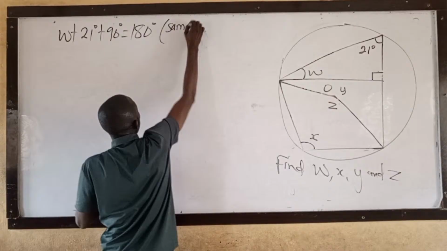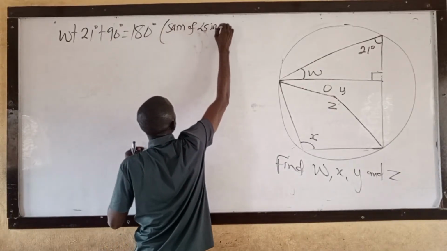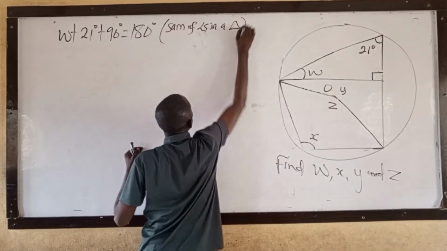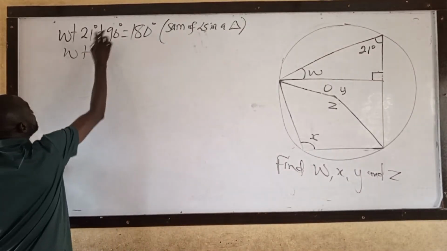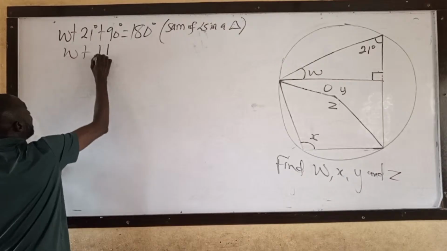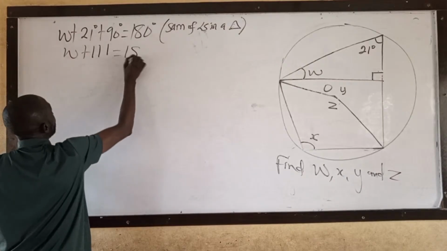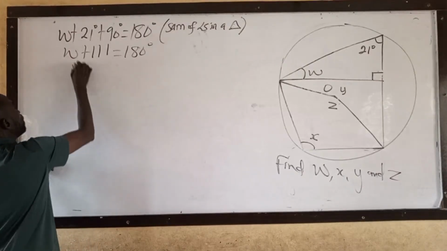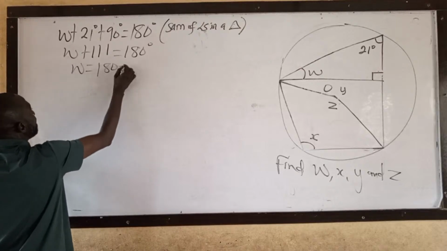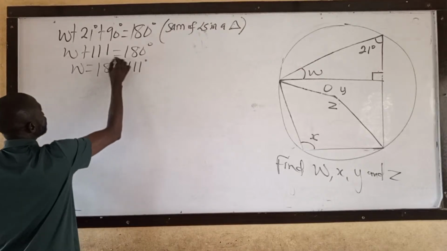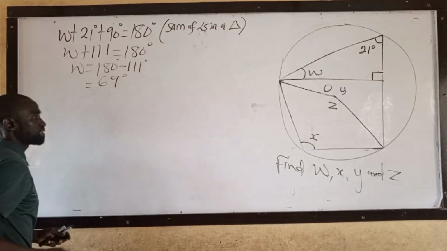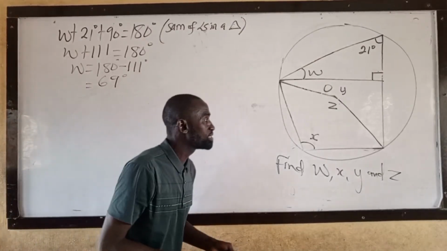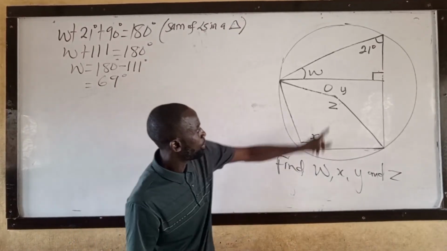Sum of angles in a triangle. So now having W plus 111 equals 180, our W works out to 69 degrees.